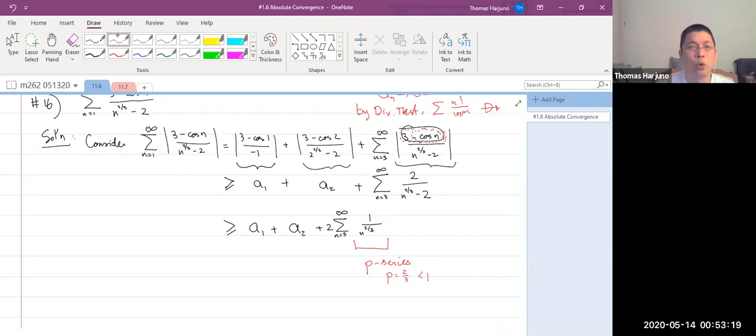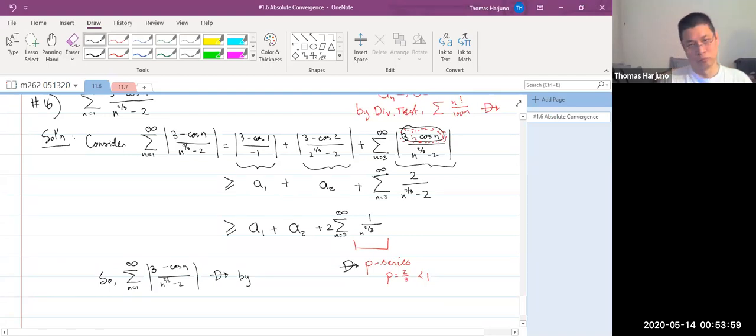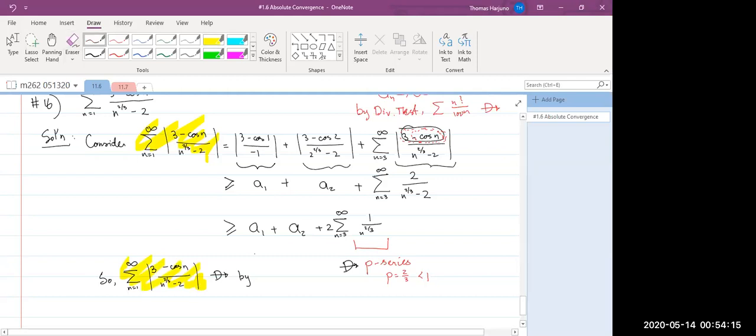So this is divergent. But because we bound that below by something divergent, this series here is divergent by the comparison test.